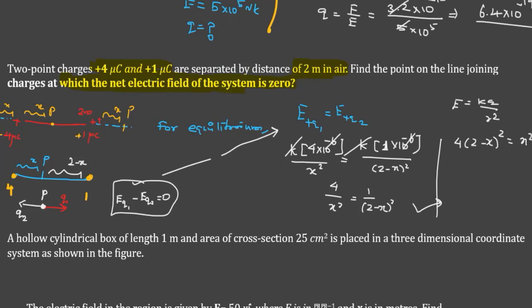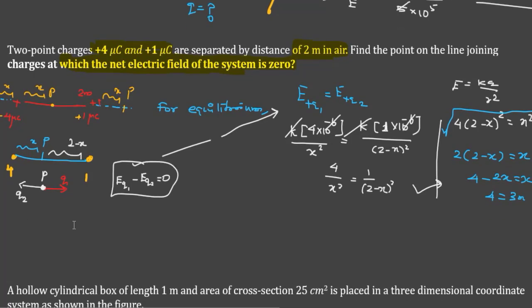So we need to simplify this. For that you need to take the square root. Take this, 2 into 2 minus x is equal to x. So multiply with 2: 4 minus 2x is equal to x. So 4 is equal to 3x. So based on this, x is nothing but 4 by 3 meter.